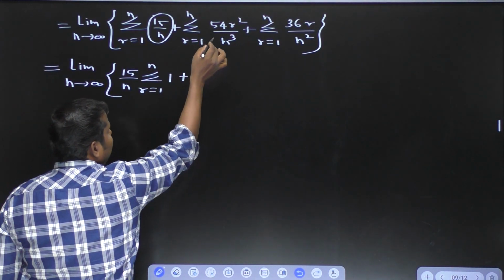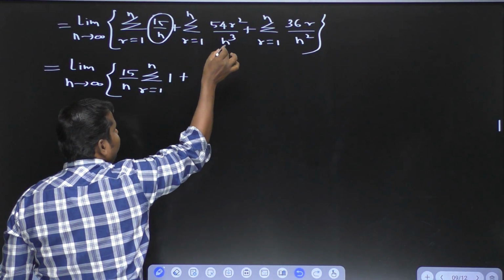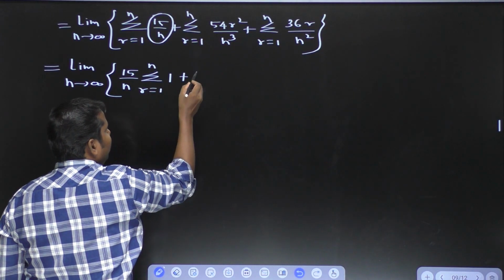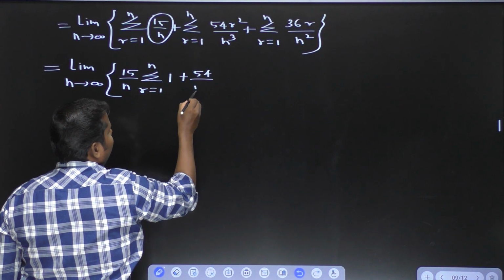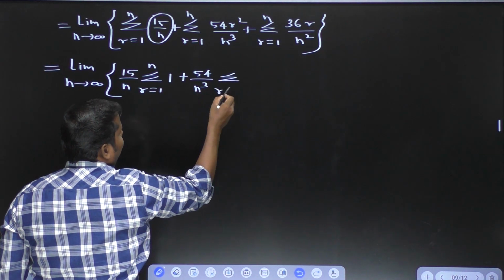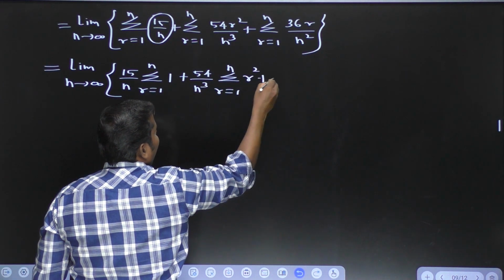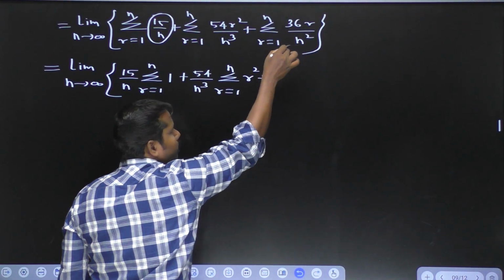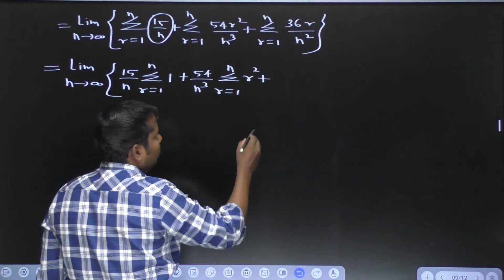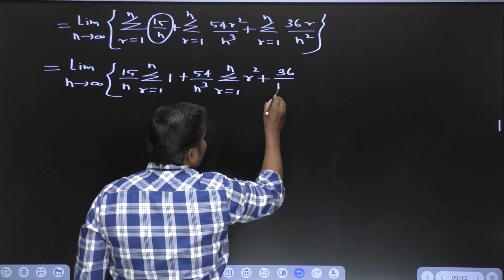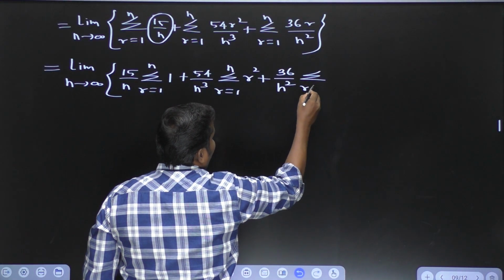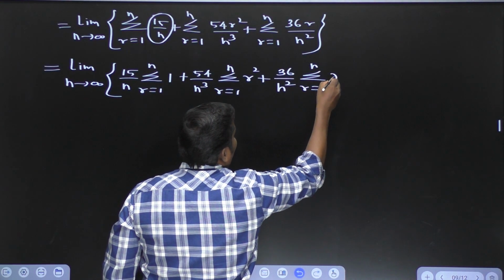Plus, what is independent of r here? 54 by n cube, take it outside, summation r equal to 1 to n of r squared. And what is independent of r here? 36 by n squared, take it out, summation r equal to 1 to n of r.